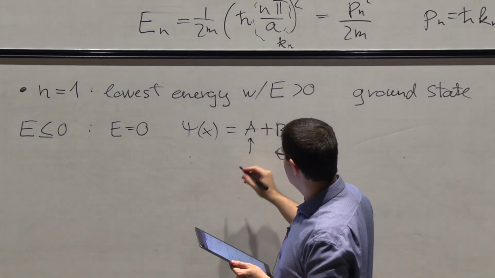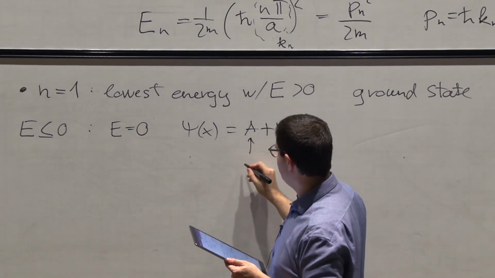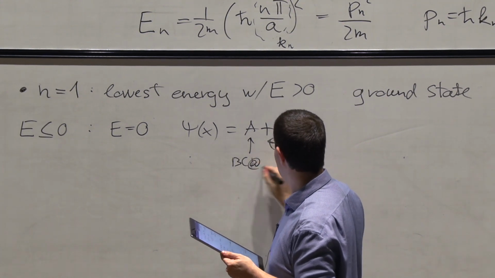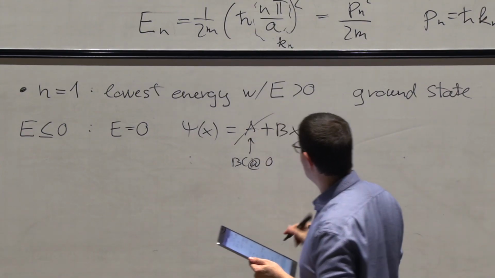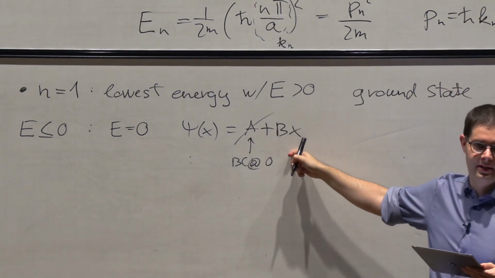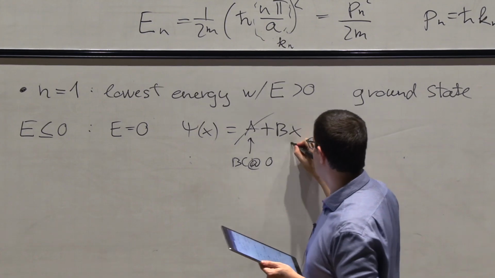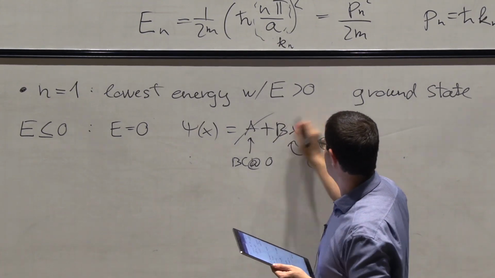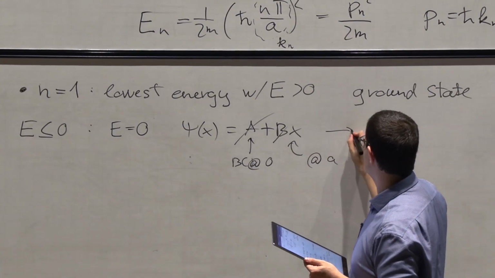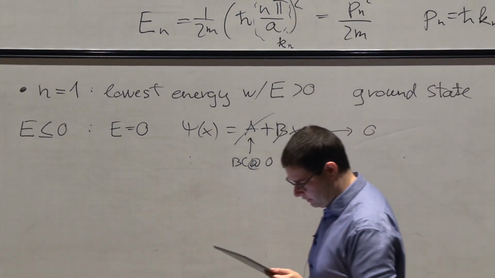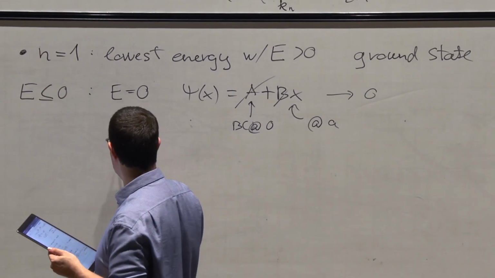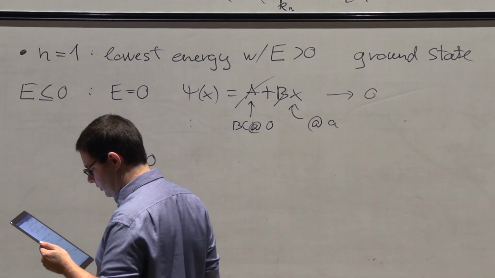This constant is killed by the boundary condition at 0. So this has to go. Then we are left with this, and this is killed by the boundary condition at a. So this also has to be 0, so the whole thing has to be 0. And I told you that we don't care about the 0 solution of this equation. We will see why in the next lecture.